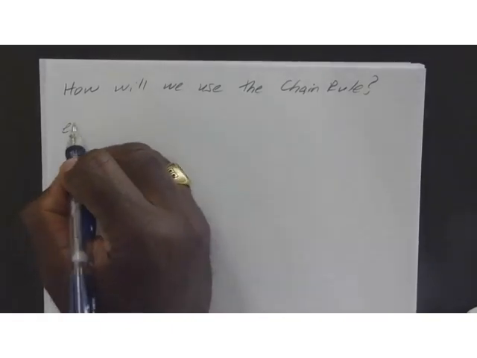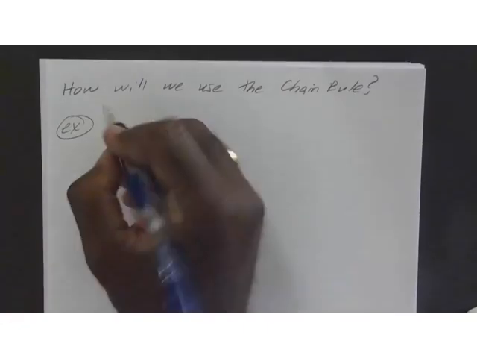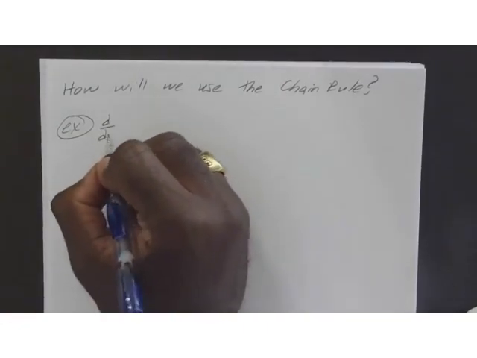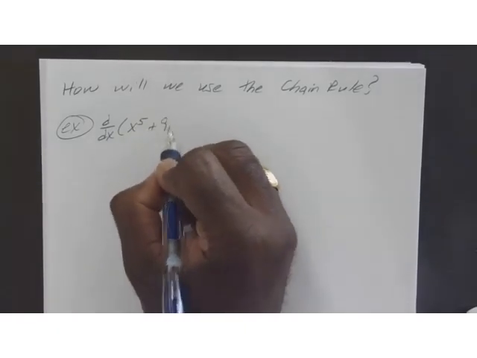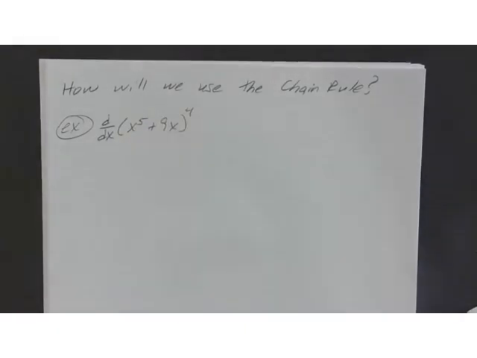Let's say, for example, we had the derivative with respect to x of x to the fifth power plus 9x to the fourth power.